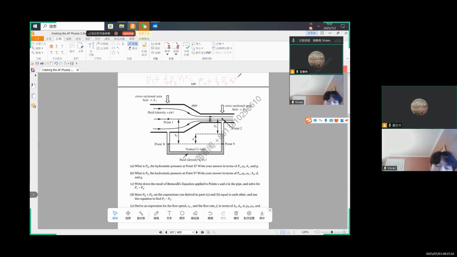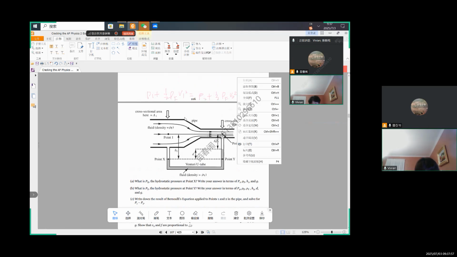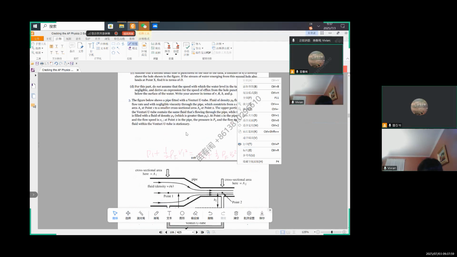I can definitely find a P1 over P2, but is V1, V2 something they provide already? No. Wait. Let's read it again. See what is something they provide.